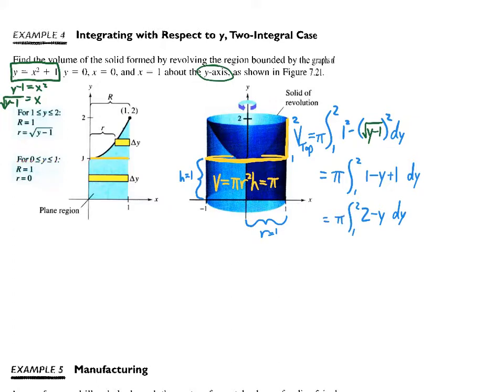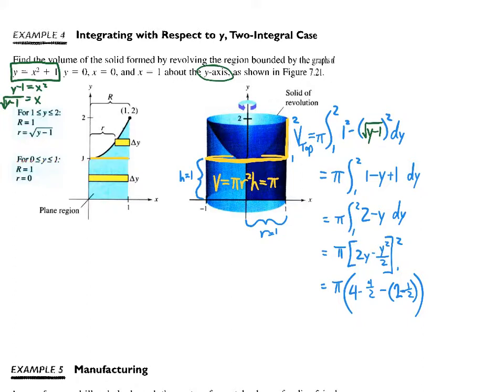Okay? So, at this point, it's really easy. We're just taking the integral, 2y minus y squared over 2, from 1 to 2. Okay? So it's pi times, I have 4 minus 4 over 2, minus parentheses, or sorry, not 1 minus 1/2, 2 minus 1/2.